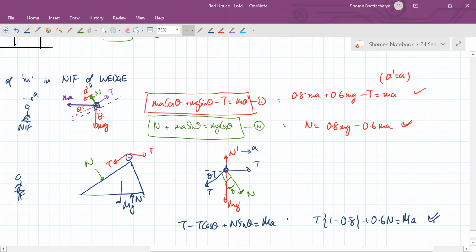So these are your equations. I've already incorporated equation 1, which was that A prime is equal to A. So you'll need to just solve equations 2, 3 and 4. So you eliminate N first by substituting that here, and then get the value of T from this, put it in equation 2, and you will get the acceleration A.